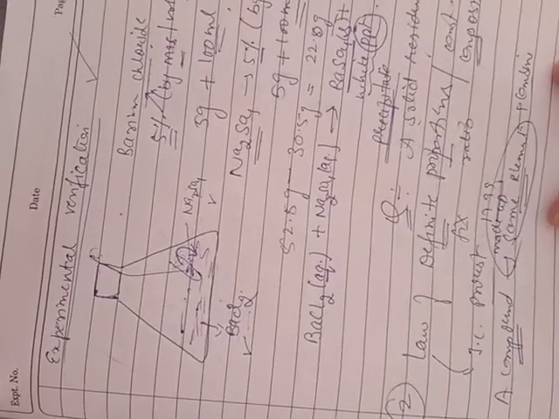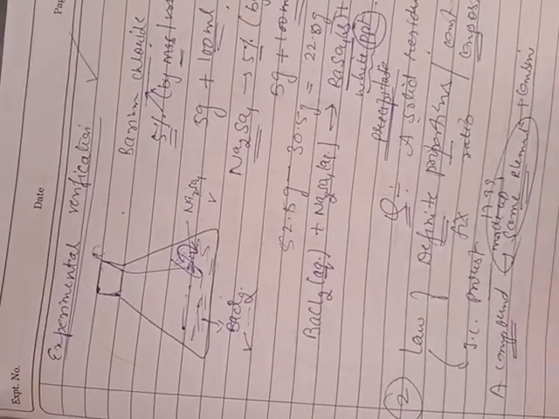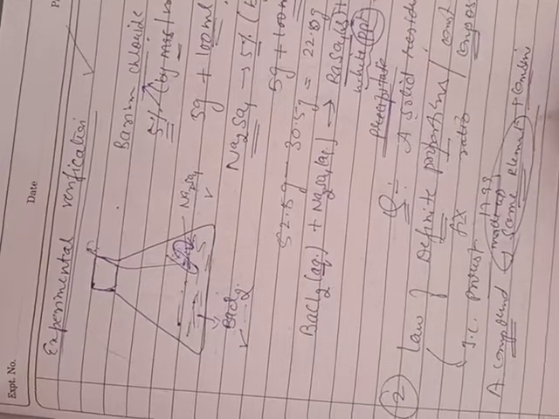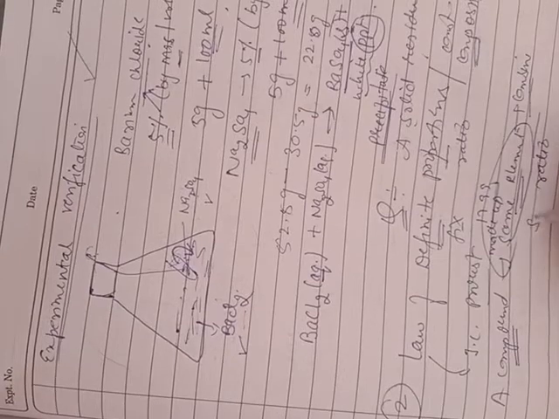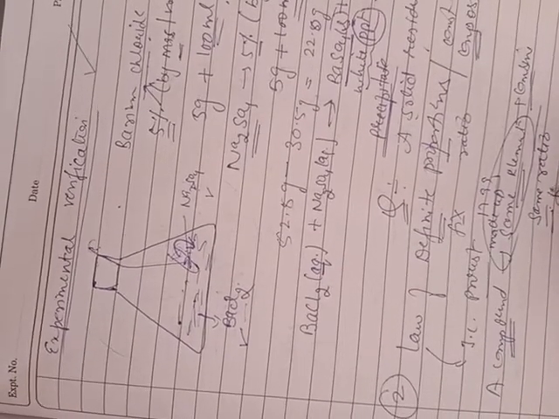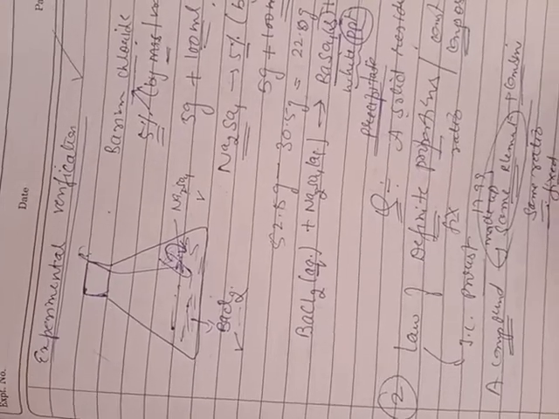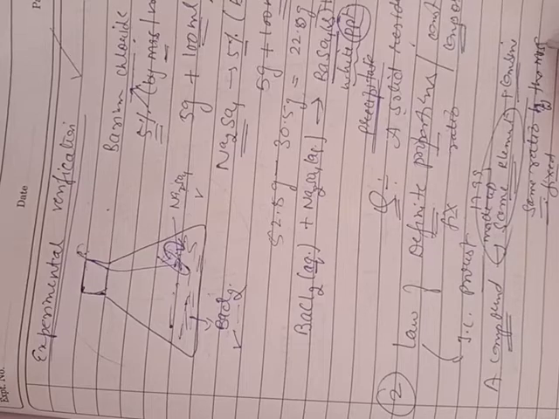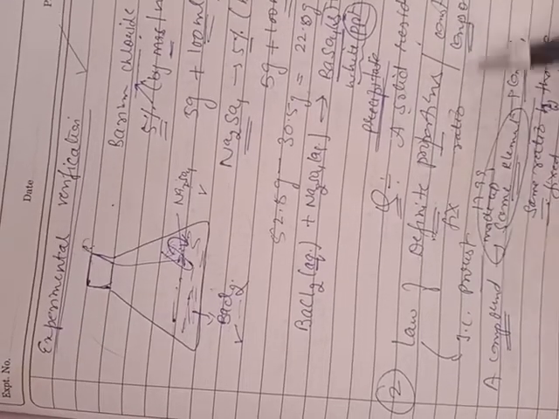These elements combine in the same fixed ratio, the definite ratio, by their mass. This is called the law of definite or constant composition.